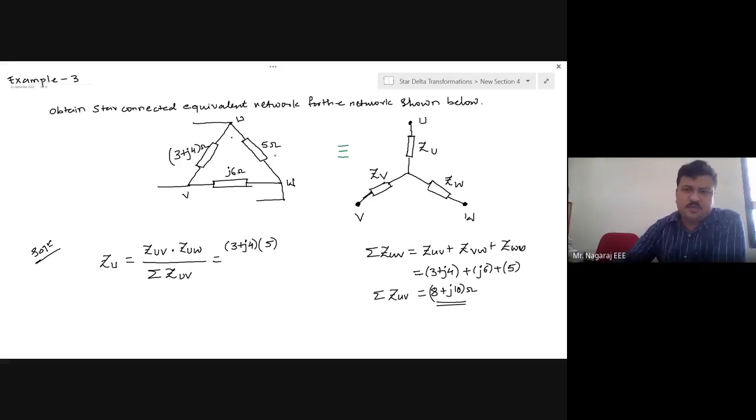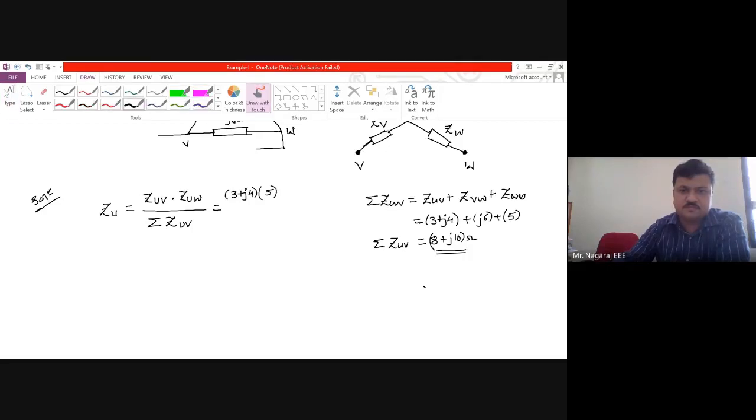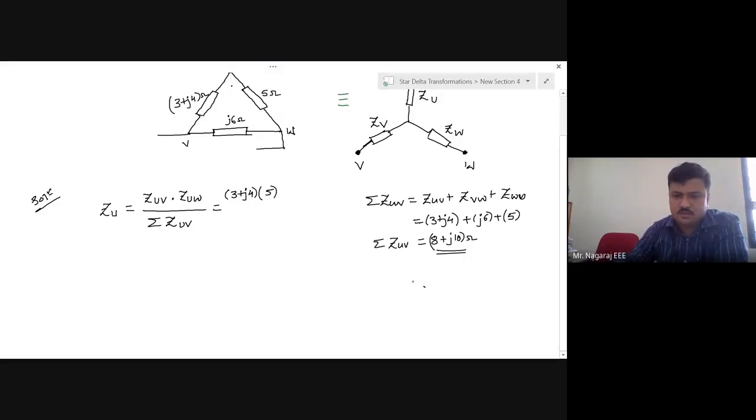Now, in a complex number representation, I know that Z is equal to R plus or minus Jx. I will take some time to tell about this, because when we are working with impedance, we should know these things.